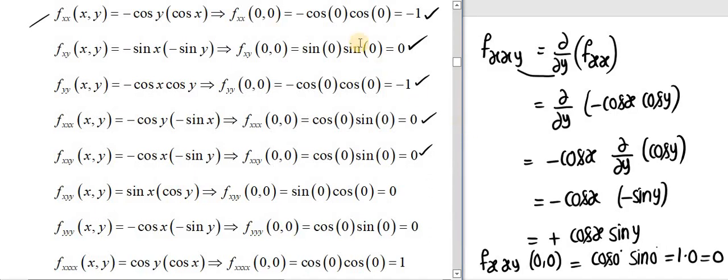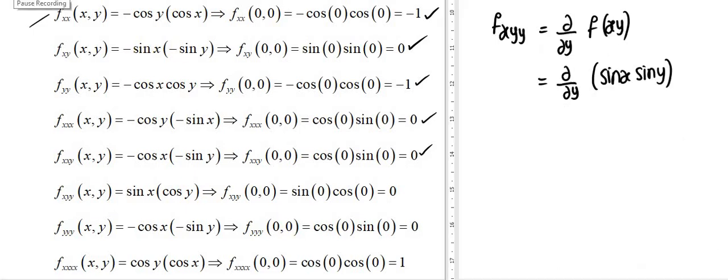Now we want to find out fx double y. Fx double y is dou by dou y of fxy. Dou by dou y of fxy means, here we can observe minus into minus is plus, that's why sin x into sin y.